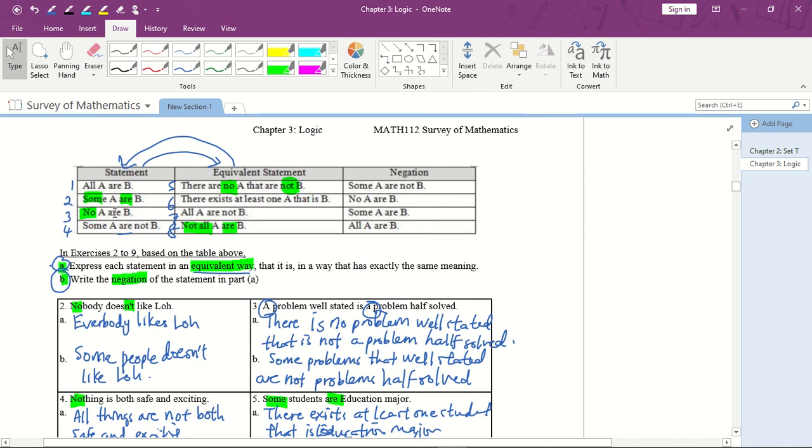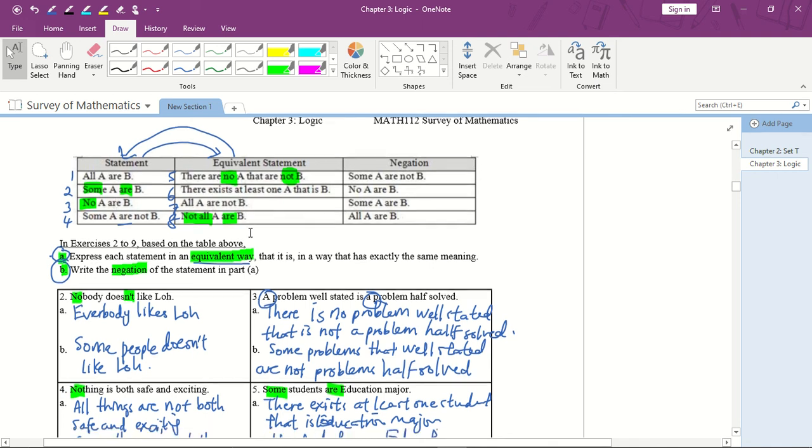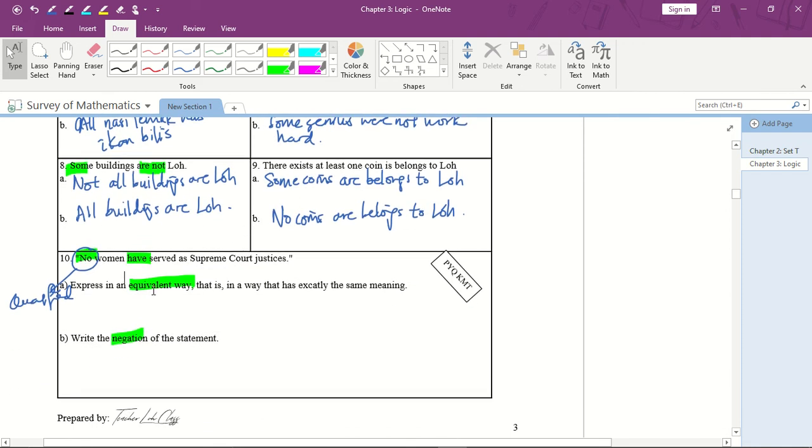So no, have. The equivalent will be this one, all A are not B. So in this case, we will write it down here: all women have not served as Supreme Court justices. Okay, that is the equivalent way.